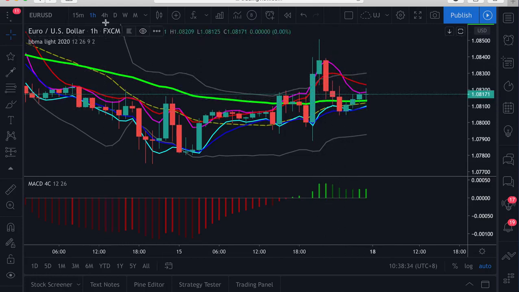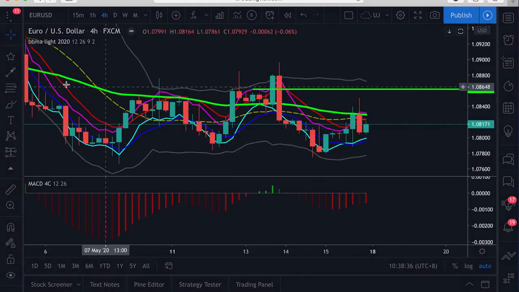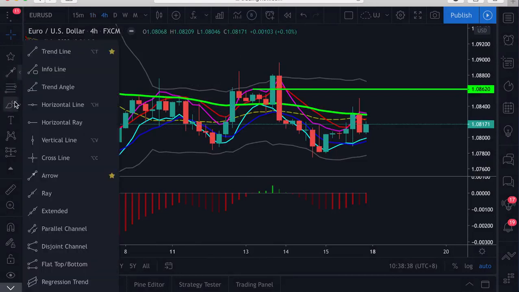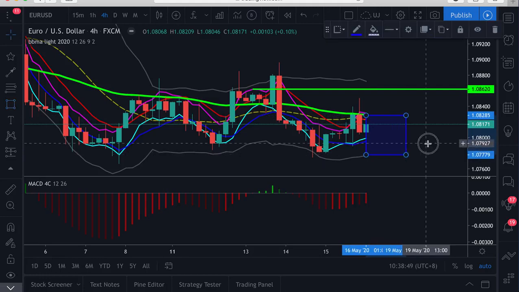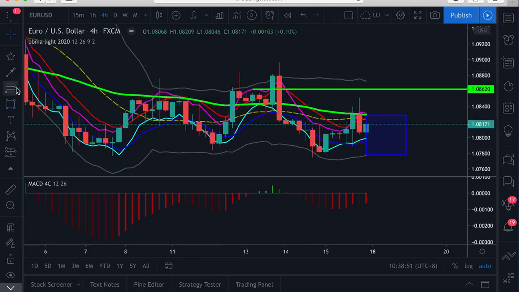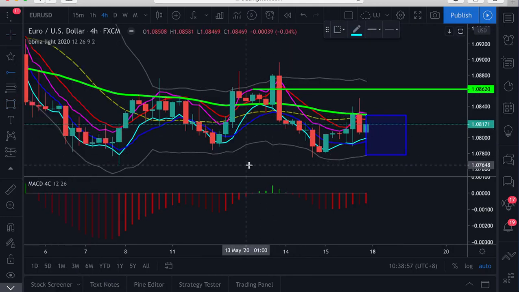So for EURUSD we can go to H4 and have our buy at the H4 buy zone, which ideally would be from mid BB or EMA 50 because they are very close together. So this is our buy zone and this will be our stop level. Ideally it should be around here.